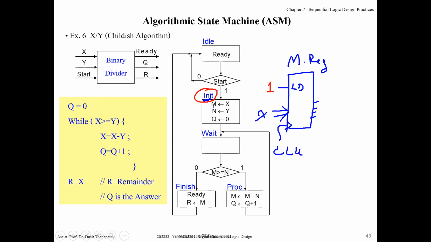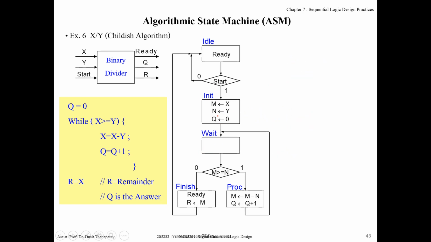So if there is no state wait, you cannot compare M and N correctly, because the values of M and N are still not X, still not Y. It must wait for the clock tick. When the clock ticks, load is active, then it reads data from the input and updates to X. The same for register N, and for Q also.